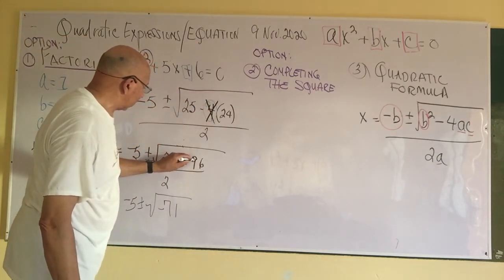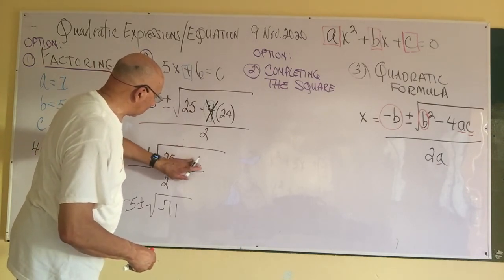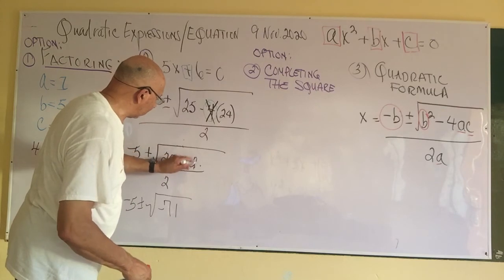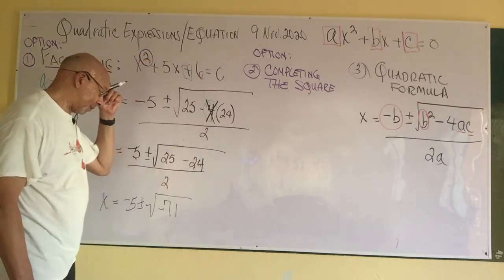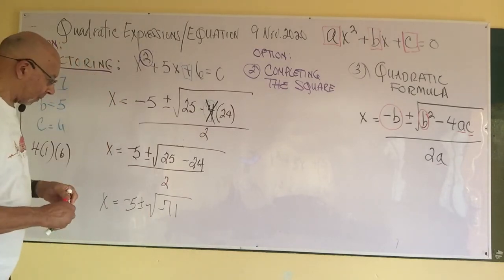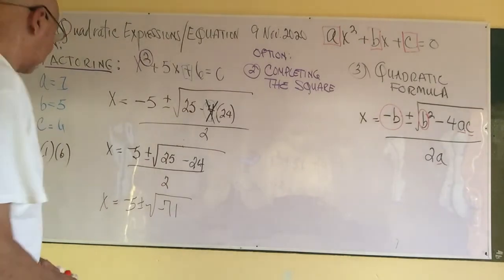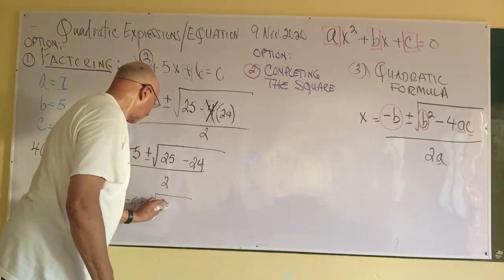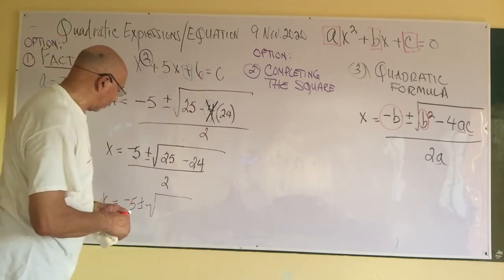So this is really 24. So let me get rid of the 96 and make 24, because this subtraction shouldn't end up negative. So now I'm straight. So I don't have a negative 71, which I can't do anything with. So I have 25 take away 24 is 1.